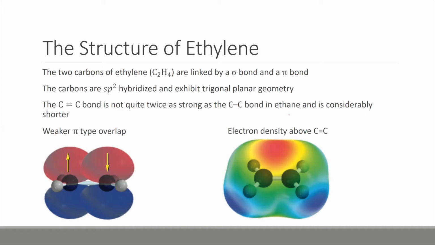So remember, double bonds means you are sp2 hybridized. We've seen this when talking about hybridization in the past. And those carbons have this trigonal planar geometry. So they are flat because of the pi bonding that is occurring in this double bond.